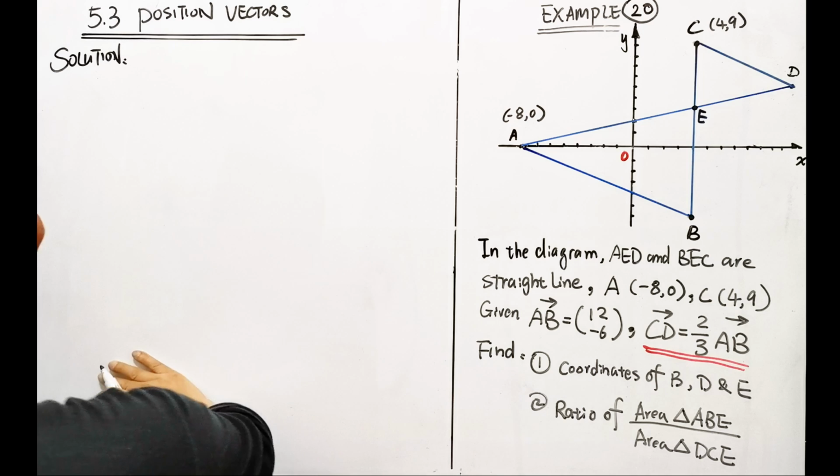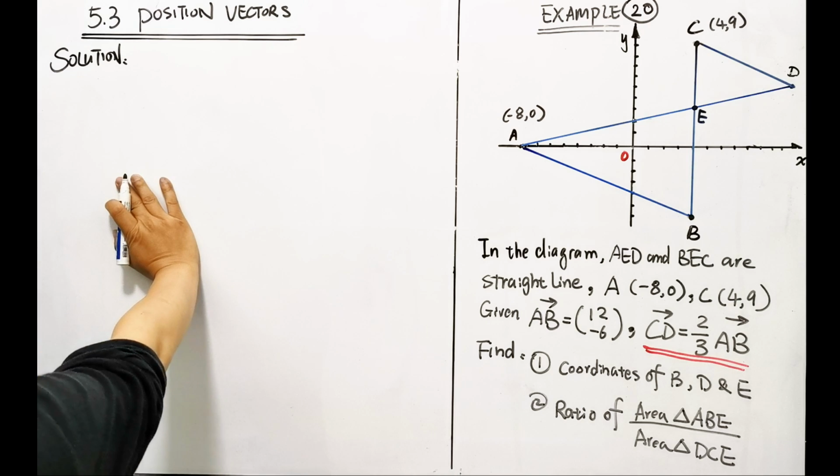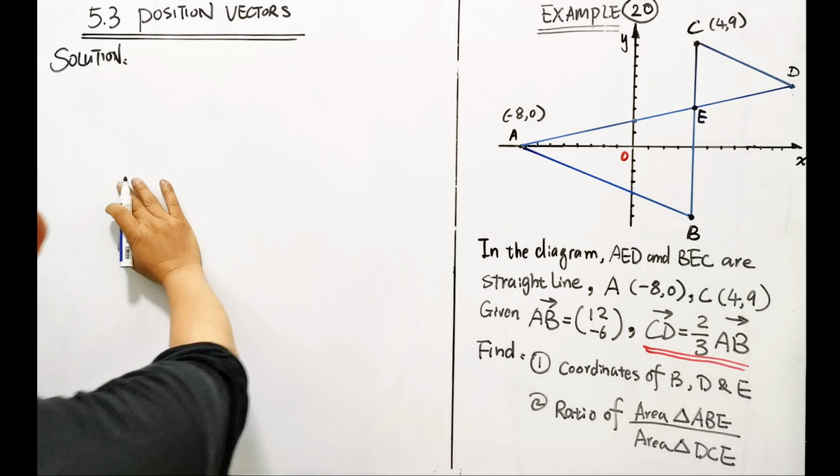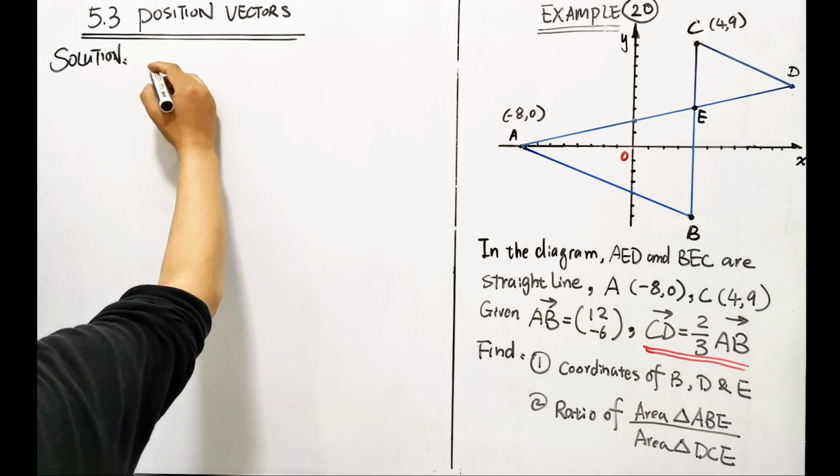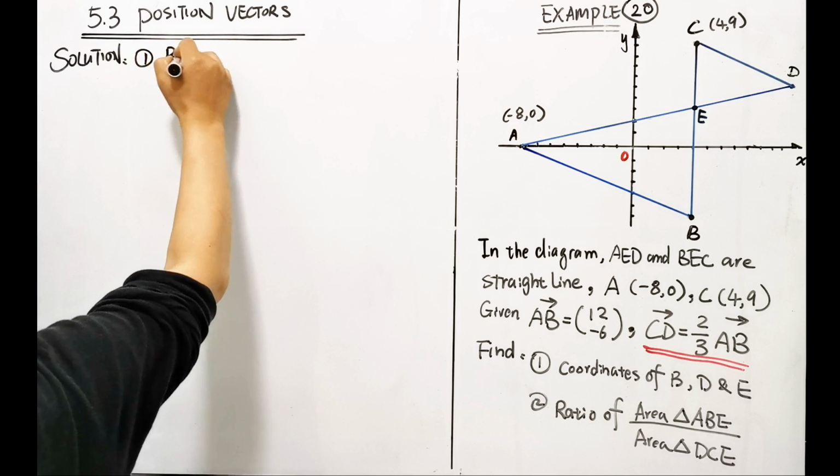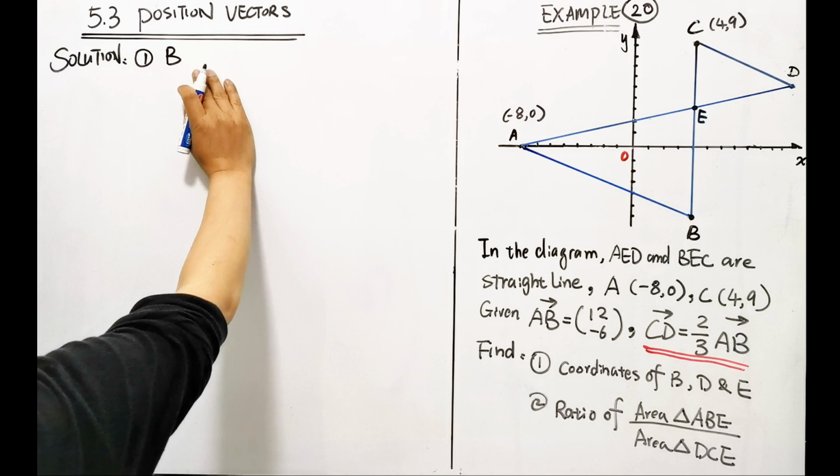Let's look at the first one. How do we find the coordinates of B?